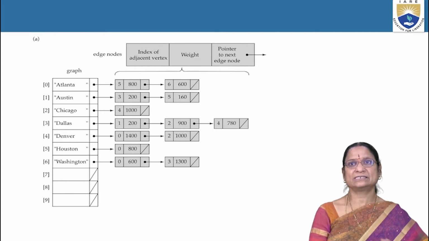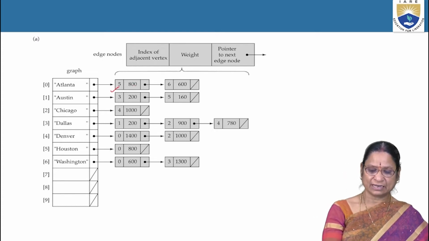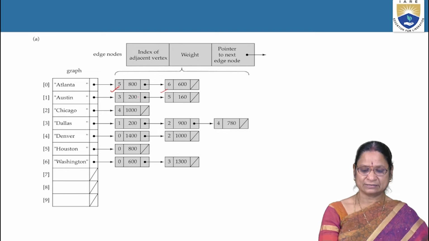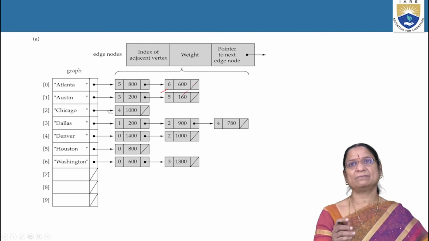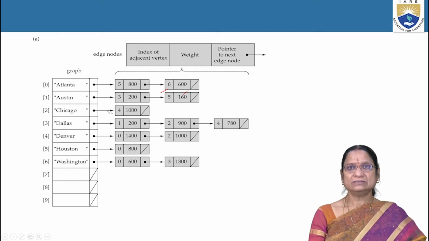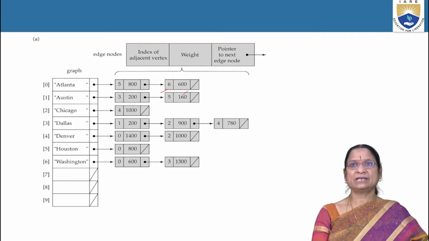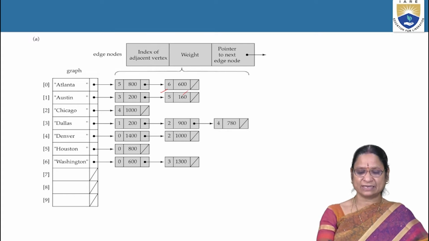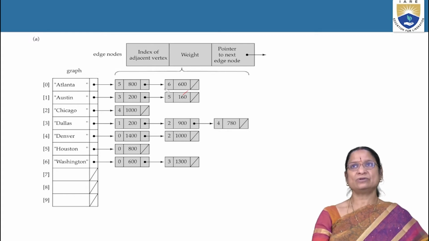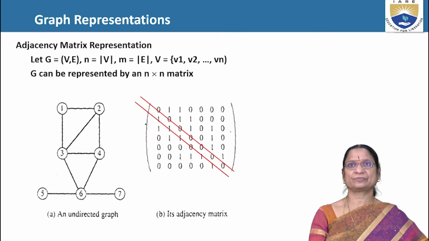So both are there with the respective weights. This is the neighboring vertex number, and this is the weight of the respective edge. If an edge is there, we go to the neighbor vertex. That is, from each vertex, all the neighboring vertices are represented using a list. So this is known as linked list representation.